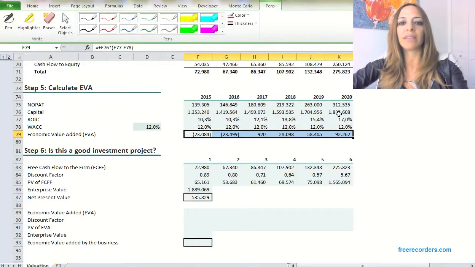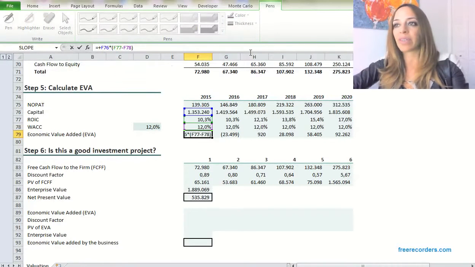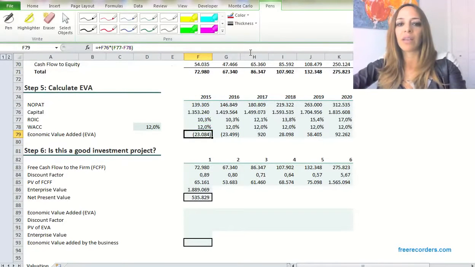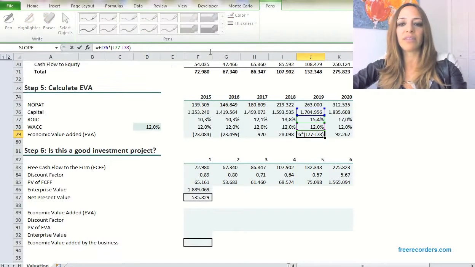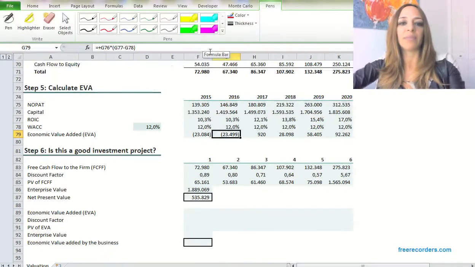It's going to be negative for the first year because, as you can see, return is only 10%, but other companies are having a return of 12% for a similar level of risk. But it turns positive. For example, here this company is expecting to obtain a return of 15%, and the cost of capital is 12. Therefore, we have a positive EVA.